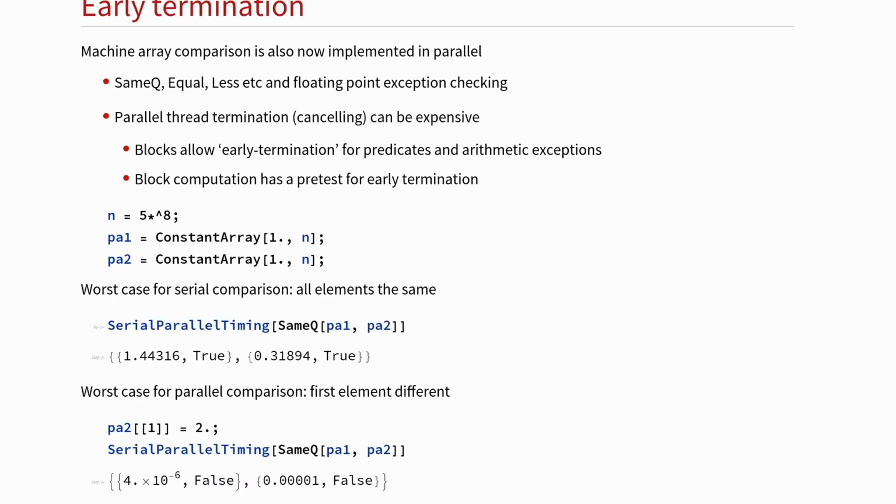This is in a sense the worst case for comparison because these are absolutely identical. If I make the first element different in one of these two, I want to make sure that my parallel version is not much slower than my serial version, and that shows that it's within a factor of 2.